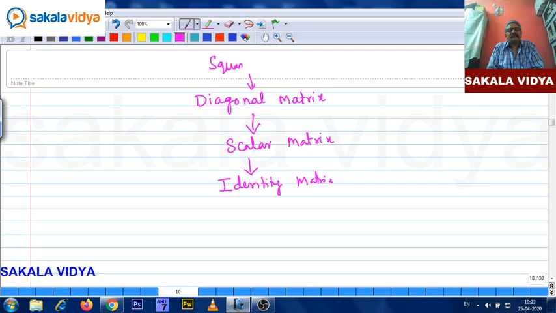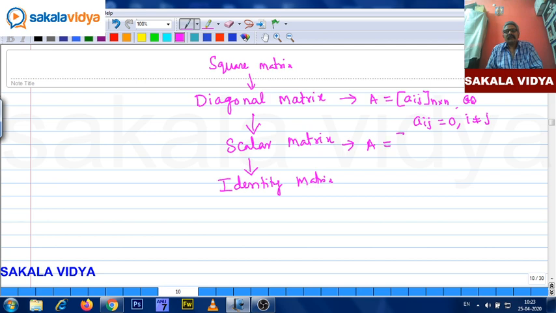So diagonal means what here? A is equal to Aij, this will be a square matrix, Aij equals 0 when i does not equal j. This is a diagonal matrix, A equals Aij, square matrix n by n.